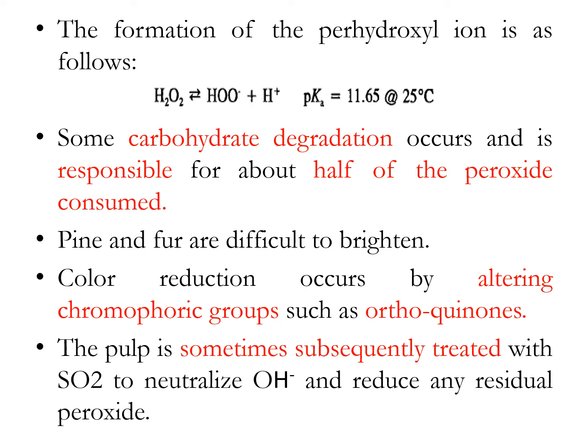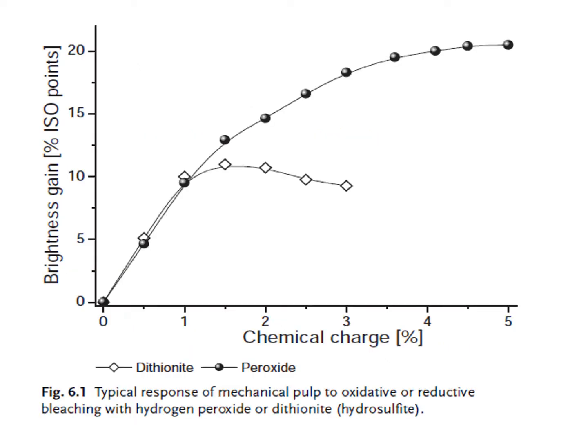Okay, the pulp is sometimes subsequently treated with SO2 to neutralize the OH- ions and reduce any residual peroxide. This is the graphical representation of the brightness level achieved by dithionite and peroxide when you're bleaching the mechanical pulp.